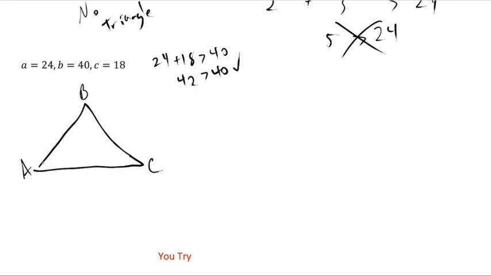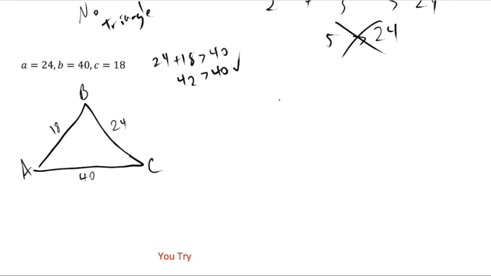That means the opposite side of A is going to be the lowercase a, which is 24. The opposite of B is going to be that 40. And the opposite of angle C is going to be the 18. Now that I have this, I want to set up one of the equations and solve for one of the angles.